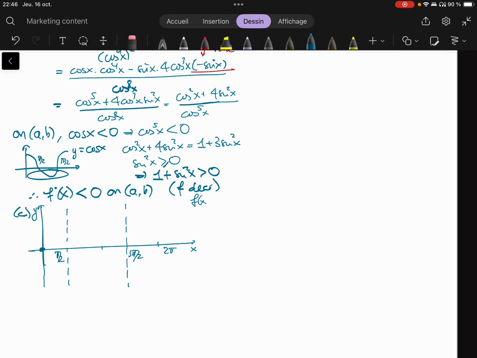Let's actually find the roots of f on this interval. This is true if and only if sine of x is equal to 0, which means x is 0, pi, or 2 pi. We know that it is decreasing on this interval. It is increasing on that interval and that interval. You may take a couple of points to double check your calculations.